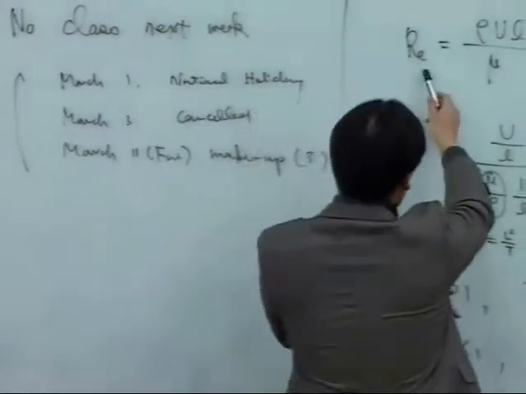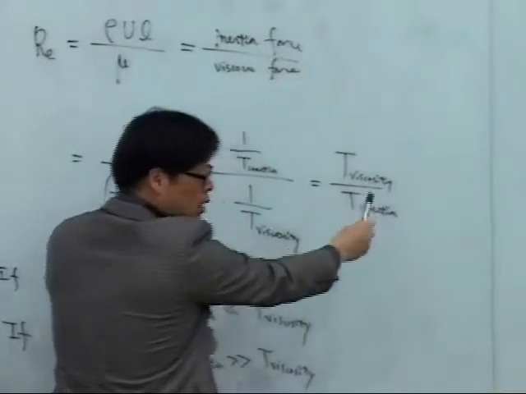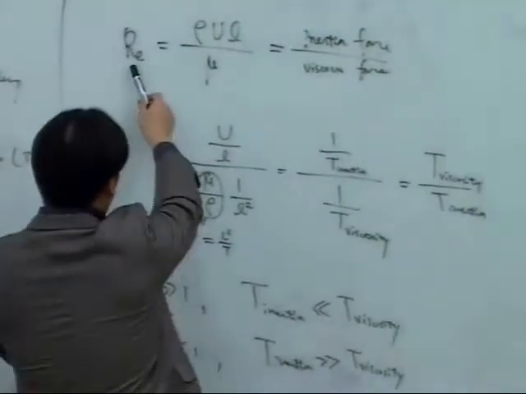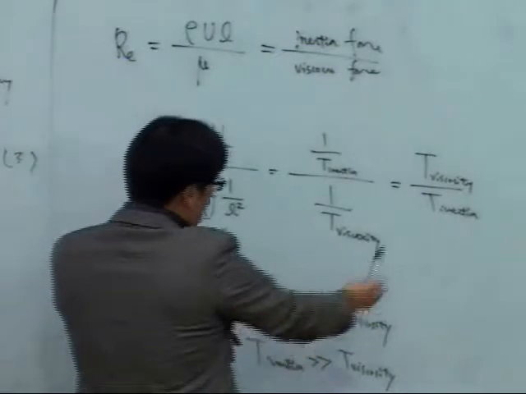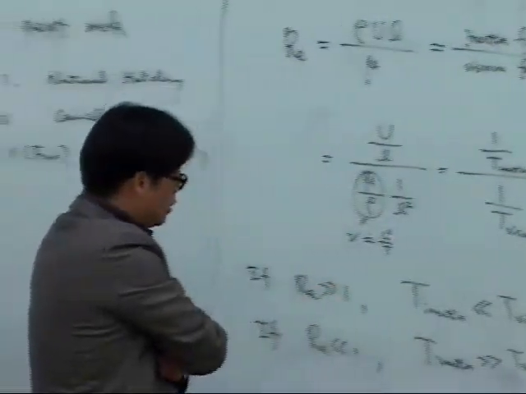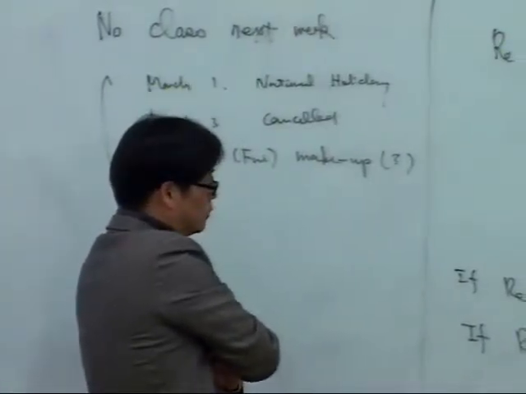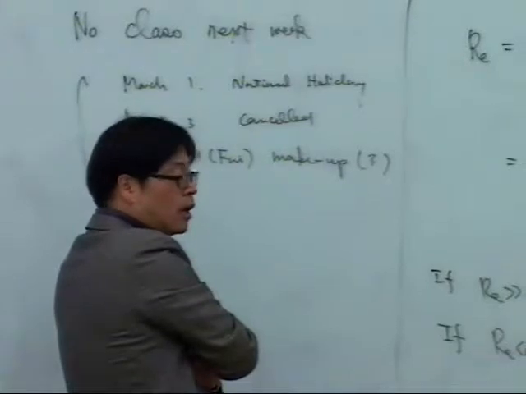So for Reynolds number to be large, the numerator has to be bigger than the denominator. For Reynolds number to be small, the numerator has to be smaller than the denominator. So what does that mean?